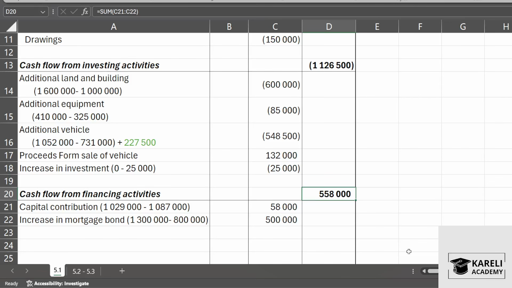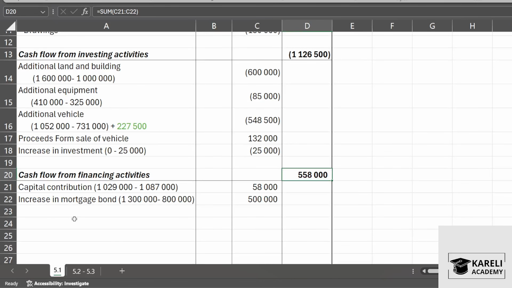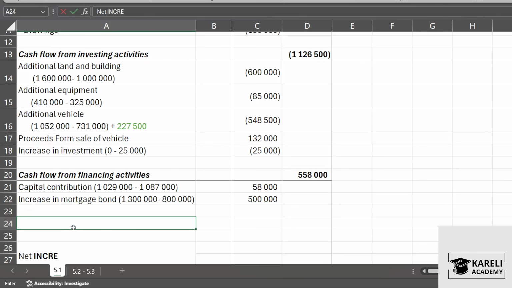Now we are done with cash flow from financing activities. Now we move to the next part. The next part is net increase or decrease in cash.